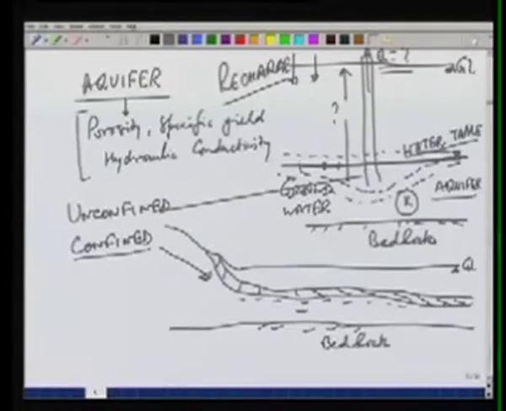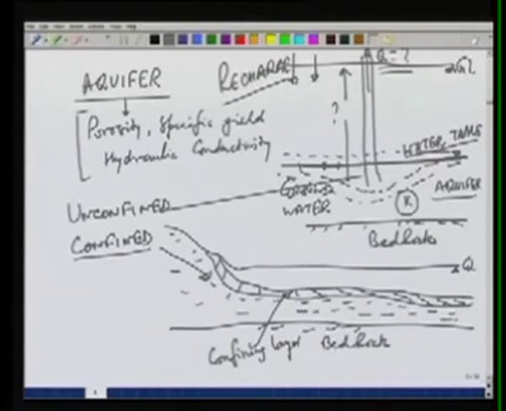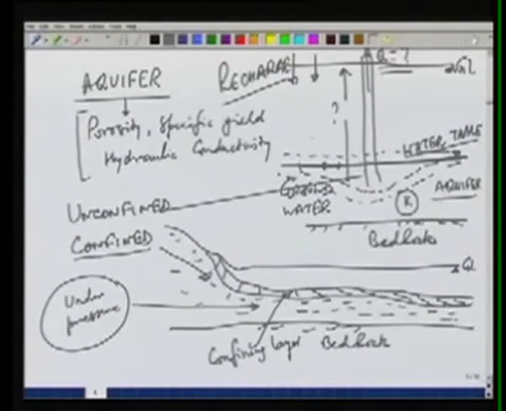So this area is saturated, but because of the presence of this confining layer, the aquifer water is under pressure. So this water is under pressure compared to this, which was open to atmosphere, or not confined from the top, therefore the pressure will be atmospheric at this point.